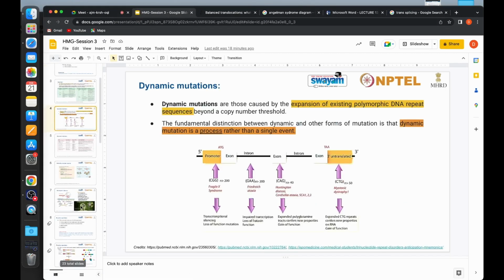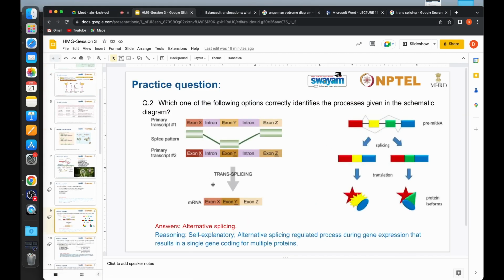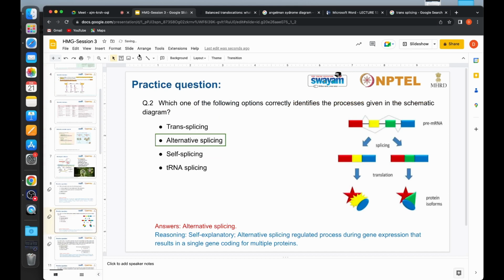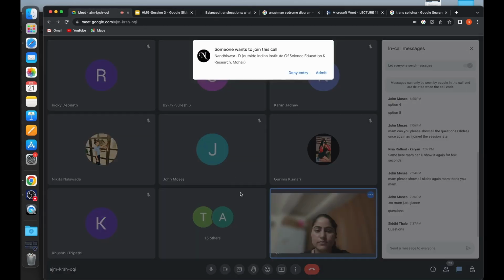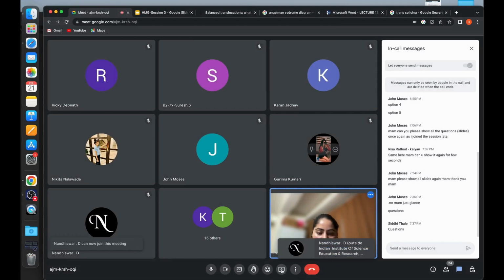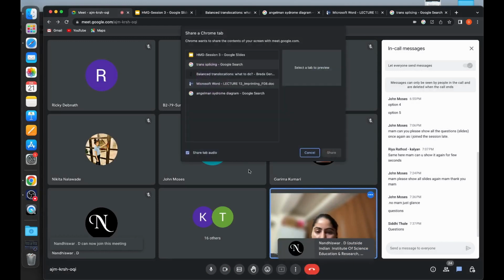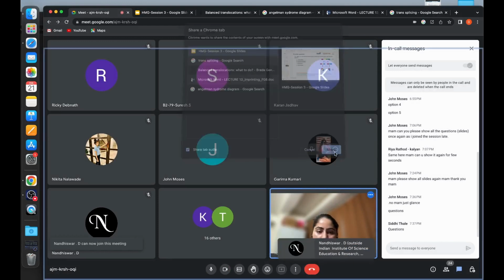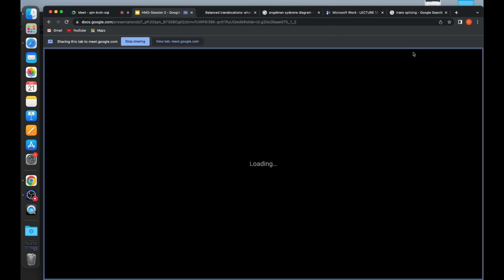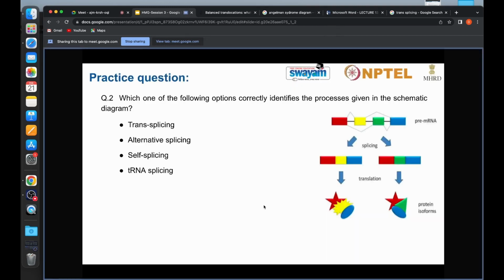That question was related to alternative splicing, and in that a figure was given. This was the question in which they asked which one of the following options correctly identifies the processes given in the schematic diagram.